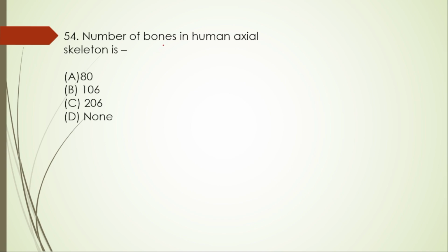Actually, the human skeleton is mainly divided into two main parts, that is axial and appendicular. Okay, axial and appendicular.